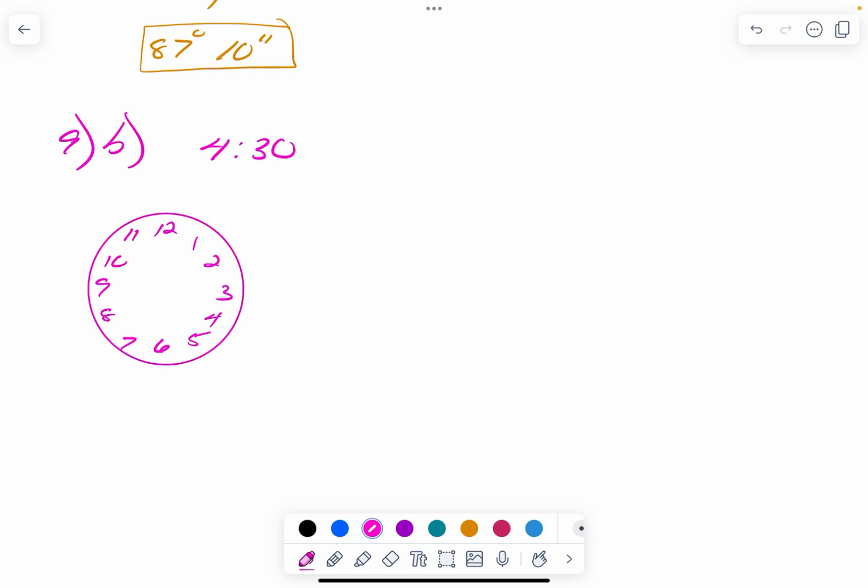Okay, so at 4:30, that is straight on there. And this one is halfway, isn't it? That hour hand is halfway. So we have 30 degrees, right? But we need to know what that little bit is. And it literally is half. So we could just think, what's half of 30? 30 out of the 60.